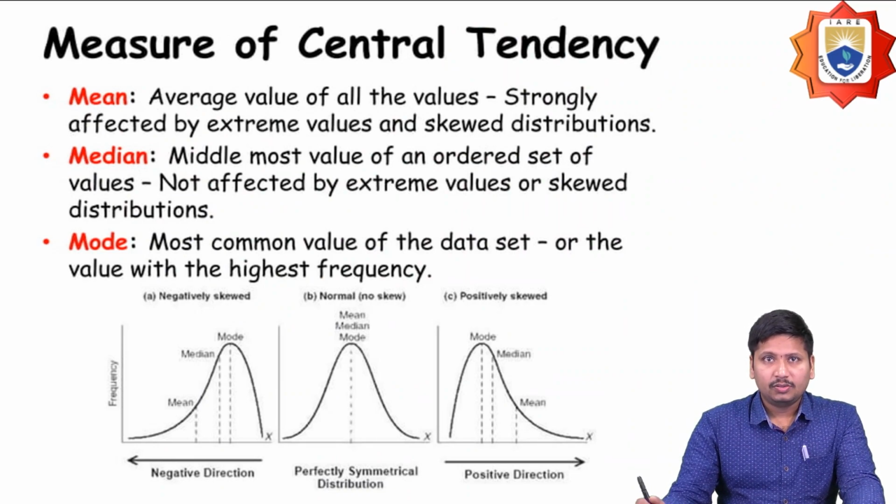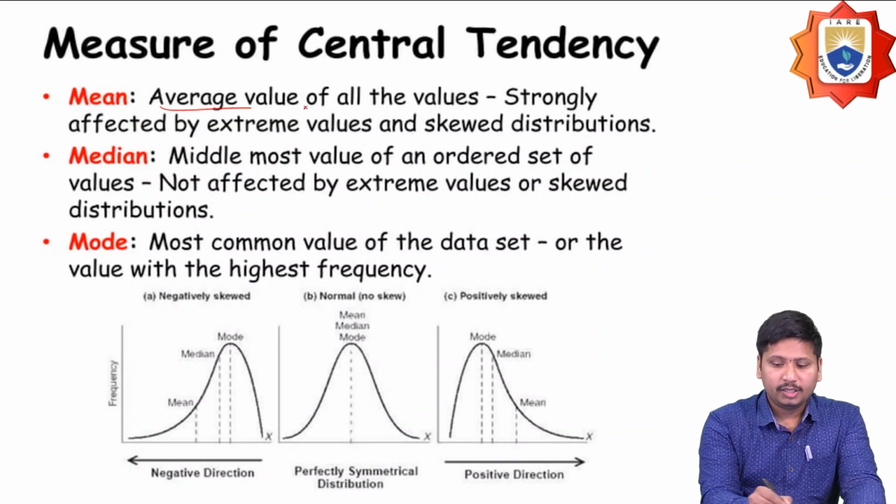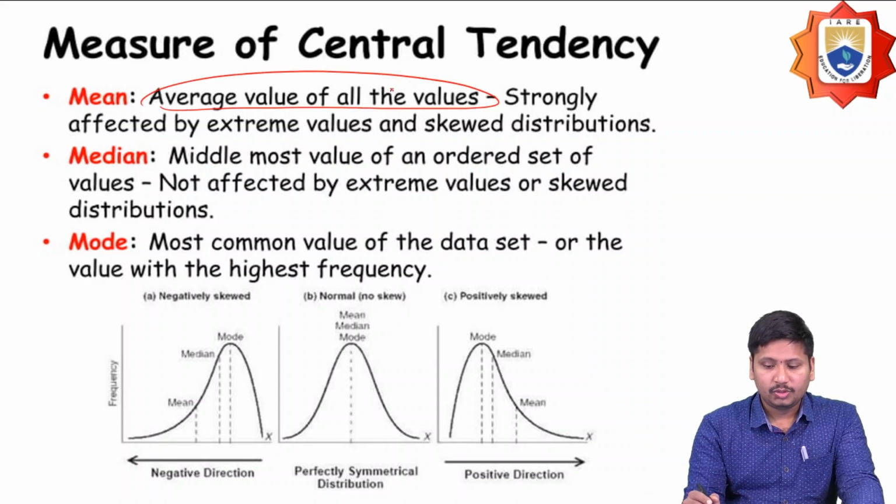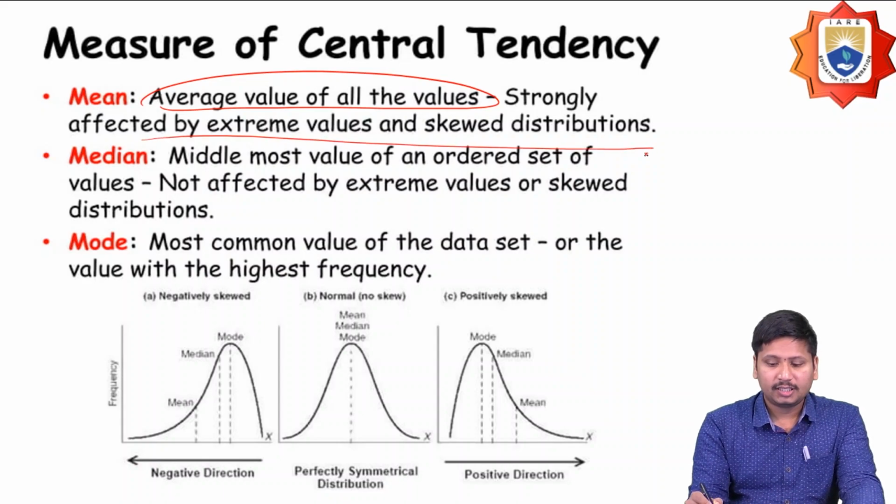So just now I said what the exact meaning is of how we calculate the mean, median, and mode. So how are they represented visually here? If I consider the mean, the average value of all the values is treated as the mean. That means it is strongly affected by extreme values and skew distributions.